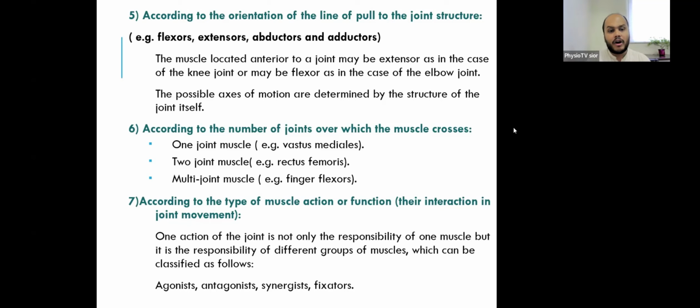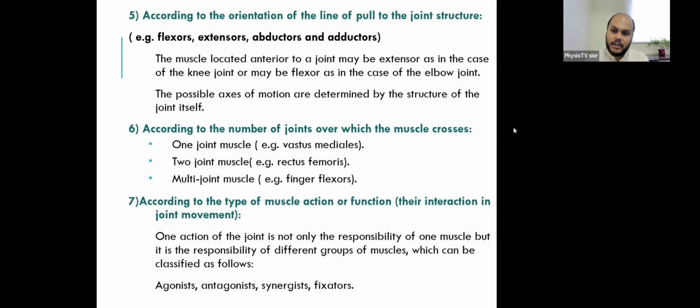And lastly, according to the type of the muscle action, this is something that is important, and I would like to spend some time on it. Depending upon the action that is getting caused, these four definitions are decided: agonist, antagonist, synergists, and fixators.